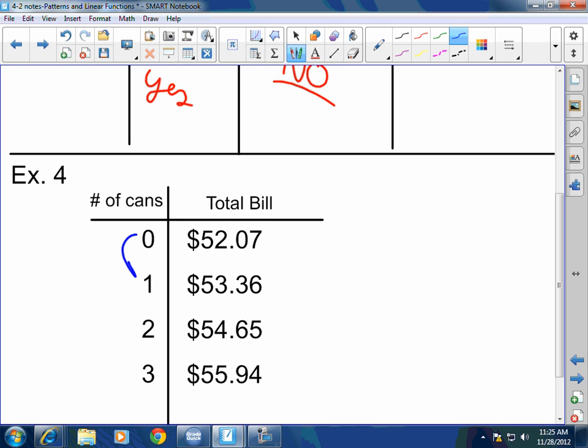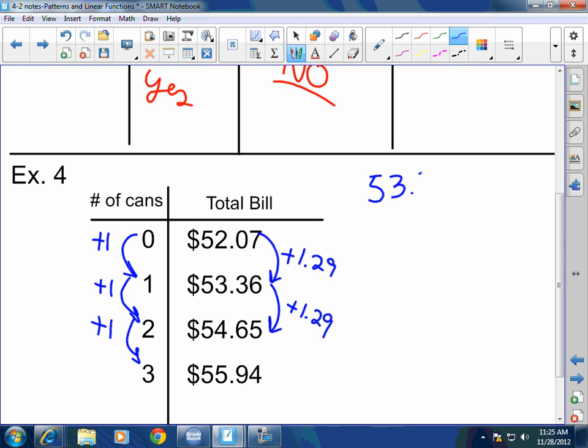What do I do from 0 to get to 1? And then? Okay. What do I do to 5207 to get to 5336? That's adding 129. Very good. And then from 5336 to 5465? Plus 129 again. If you don't know how to do the subtraction here, guys, I'll help you out, but you better figure this out.